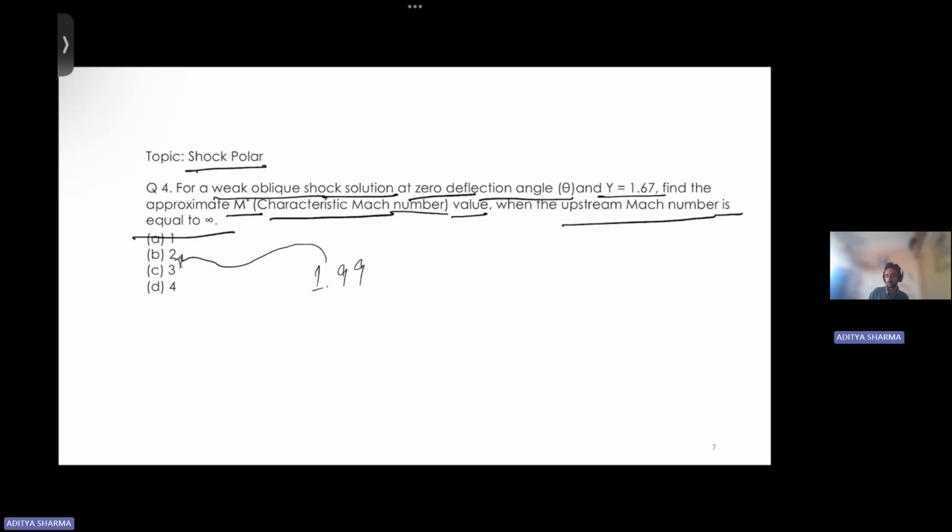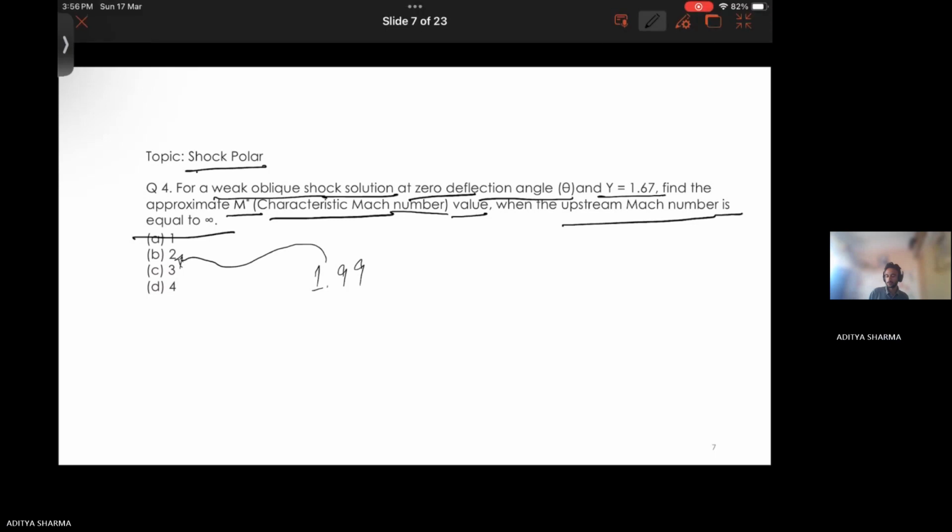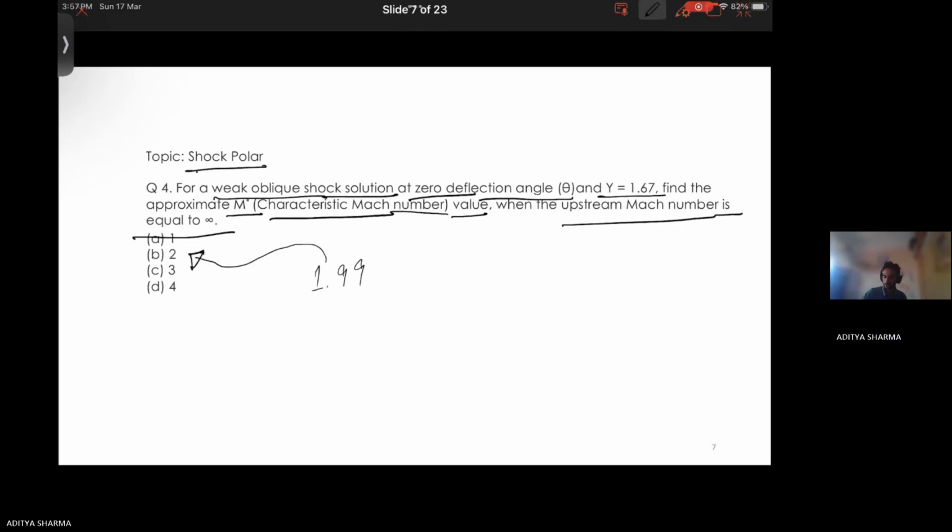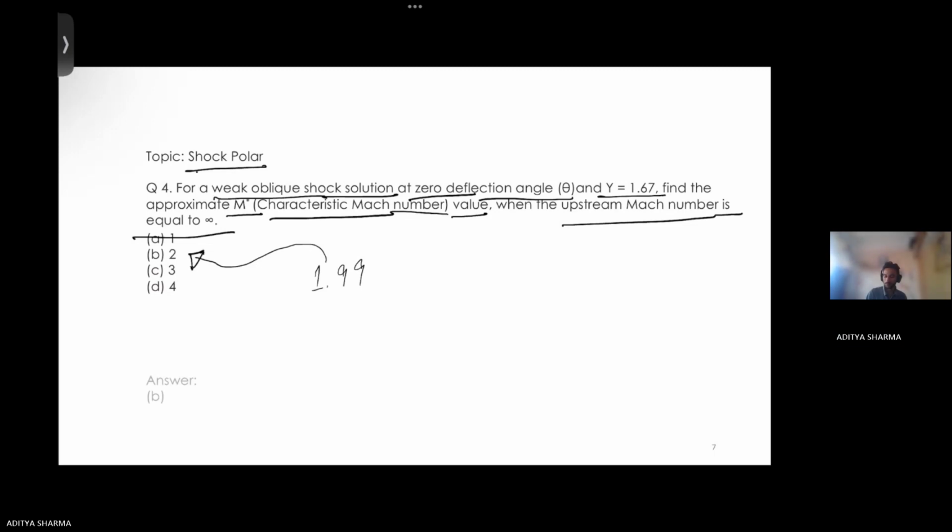So in that case, this is our correct answer. Option B is correct.